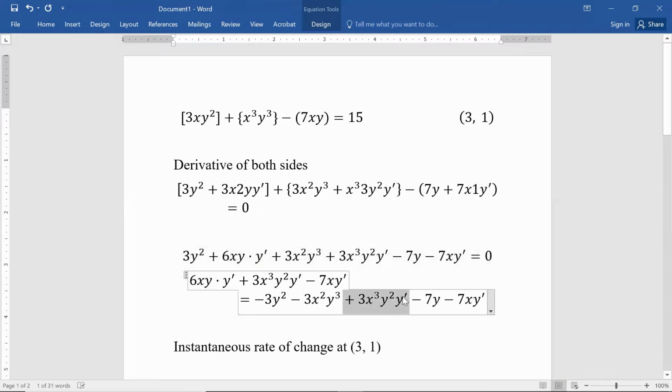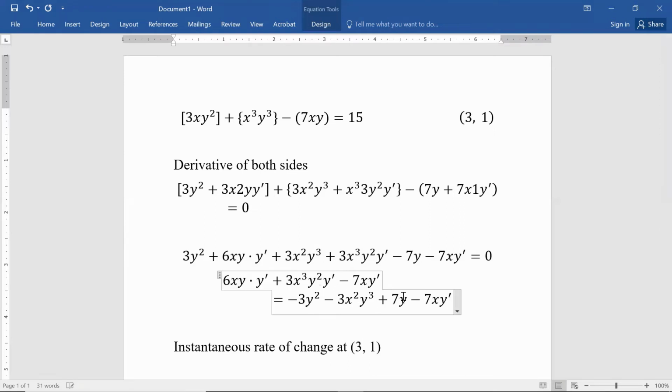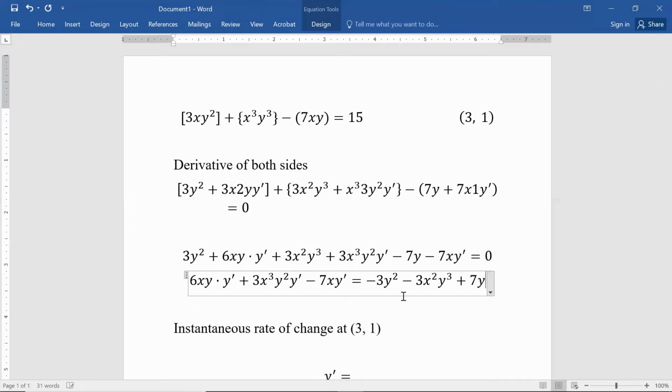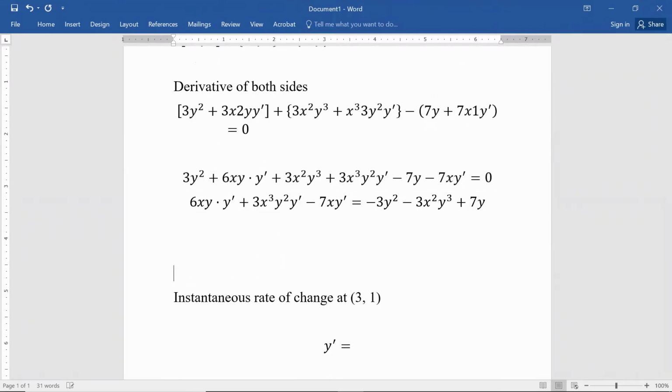When I have to move the minus 7y from left to right, I have to add 7y. And I'd end up like this. Factor out a y prime, divide, we're good to go. So factor out a y prime.